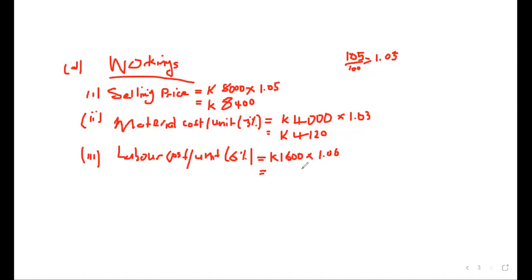When we multiply that, we'll get something like 1,696. Okay, so this is our new labor cost per unit. We have increased it from 1,600 to 1,696.